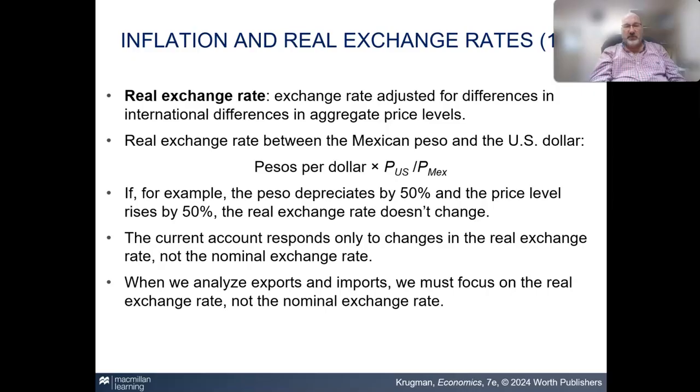So if, for example, the peso depreciates by 50% and the price level rises by 50%, then the real exchange rate doesn't change. So the current account responds only to changes in the real exchange rate, not the nominal exchange rate. So if we analyze exports and imports, we have to focus on the real exchange rate, not the nominal exchange rate.